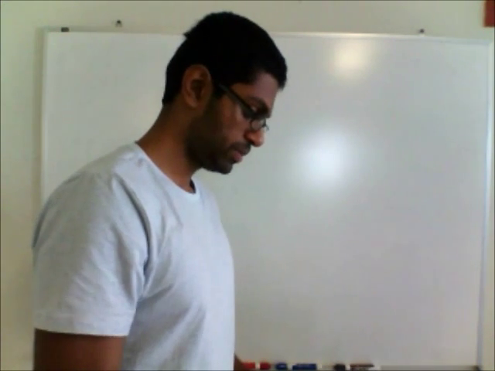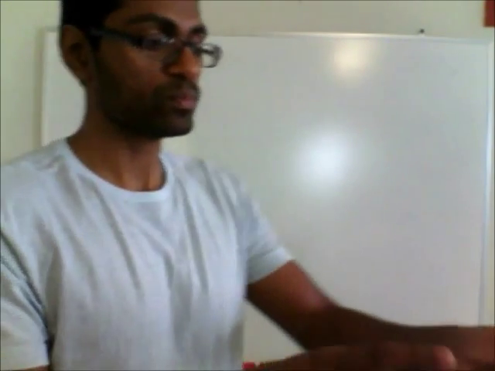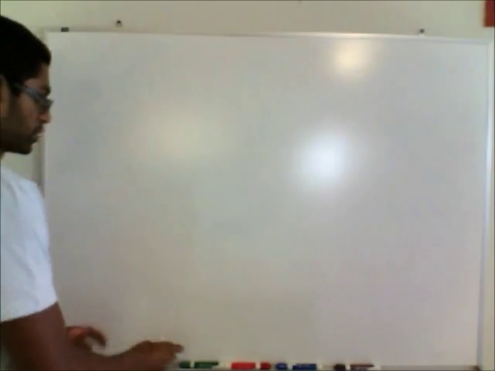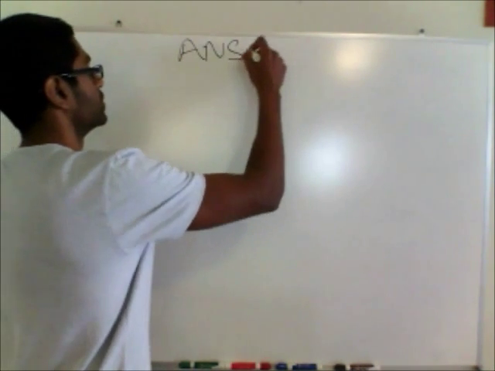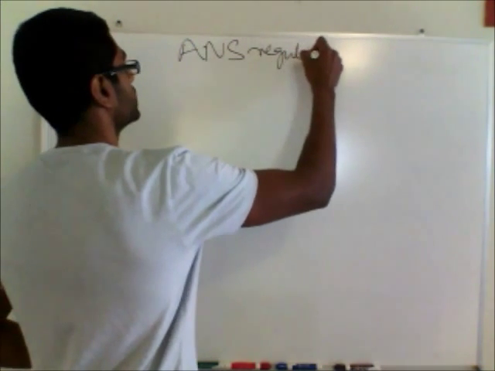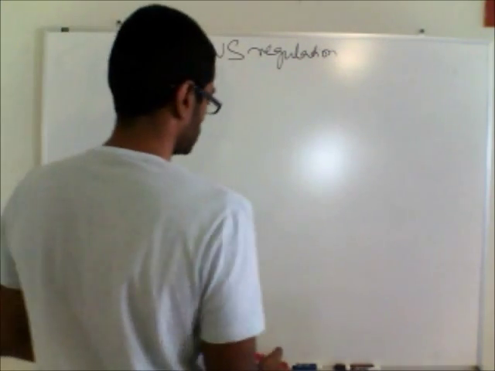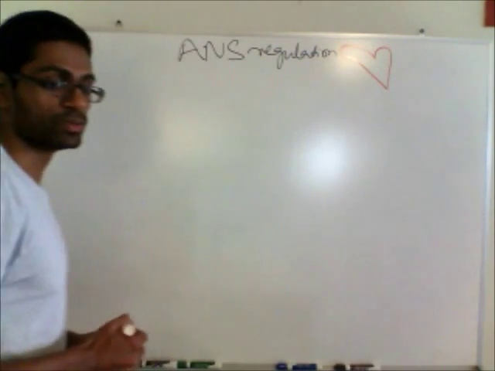Now, very briefly, I'm going to talk about the parasympathetic and sympathetic innervation of the heart. Okay, so you have the autonomic nervous system regulation of the heart. All right, how does it do that?